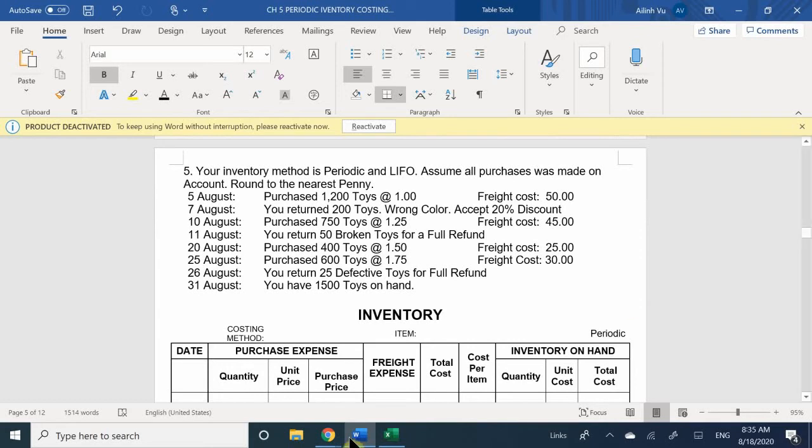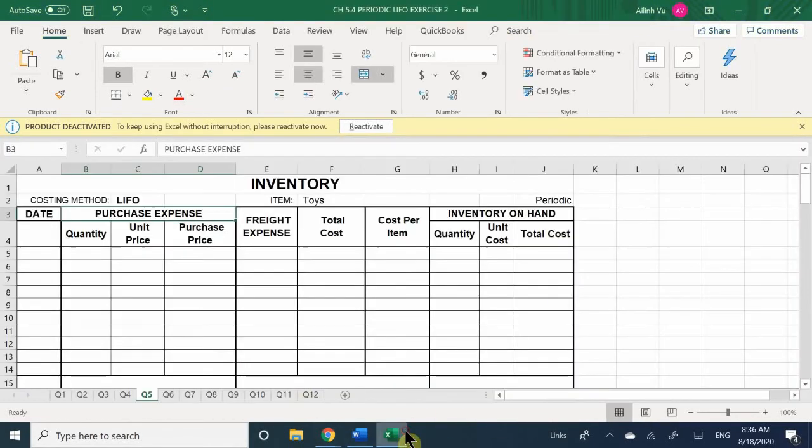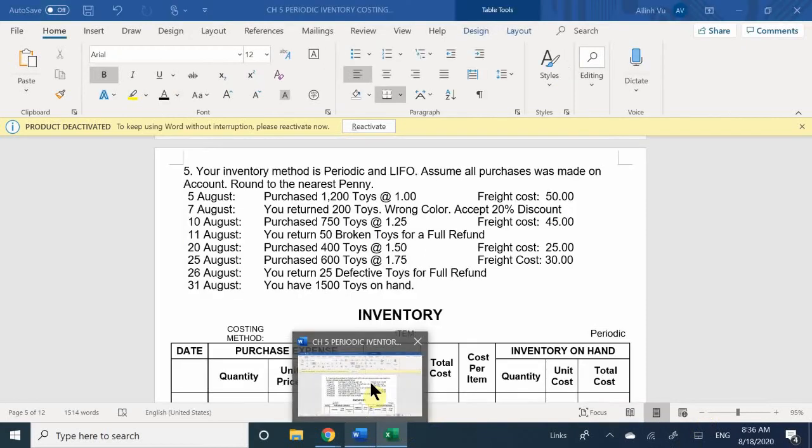Let me type that in real quick. So we have 1,200 toys at $1 each, and freight was 50.